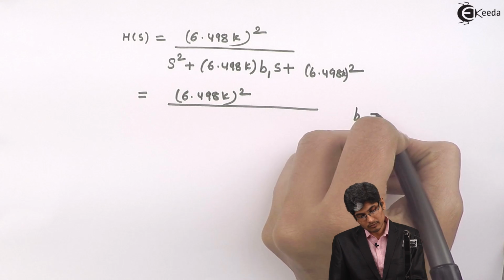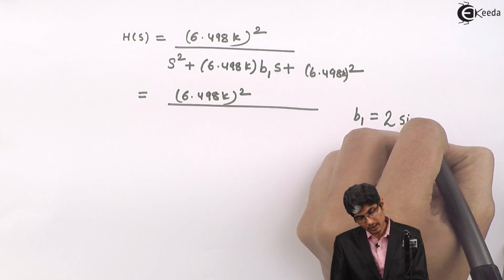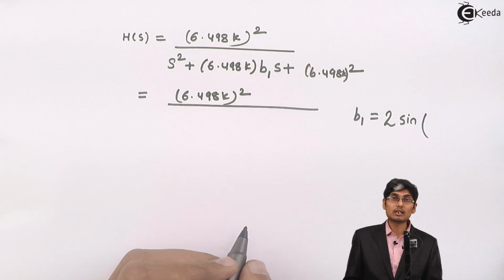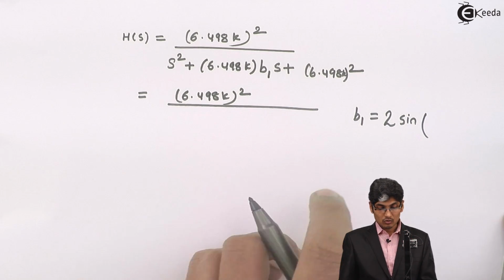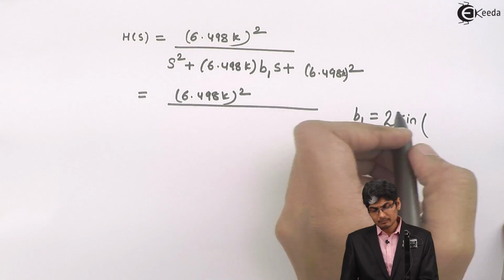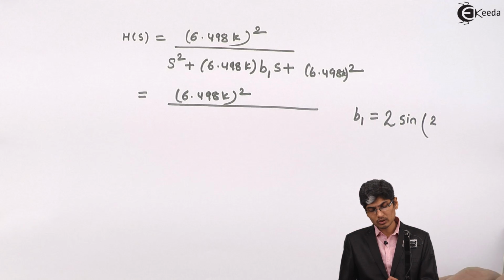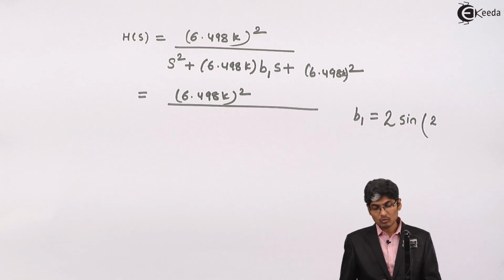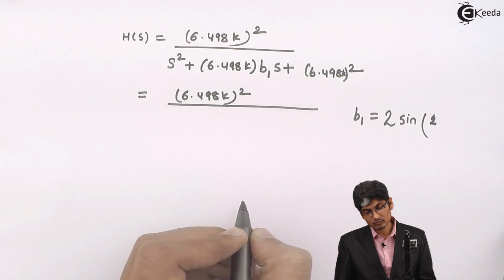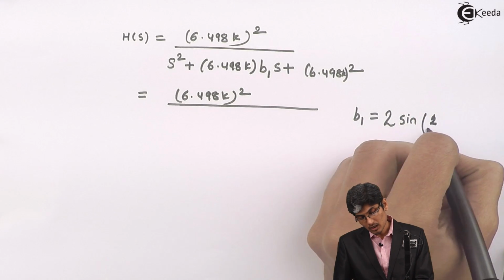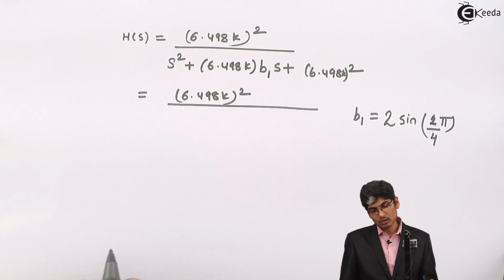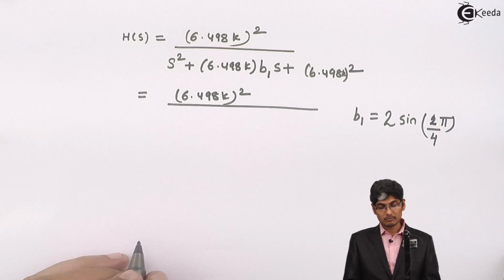So b1 will be equal to 2 times sine of (2k minus 1) upon 2n. Because k is 1, I will have 2 into 1, so it will be 2 minus 1, that will be 1, upon 2n, which is 4, and that will be pi by 4, 2 sine pi by 4.